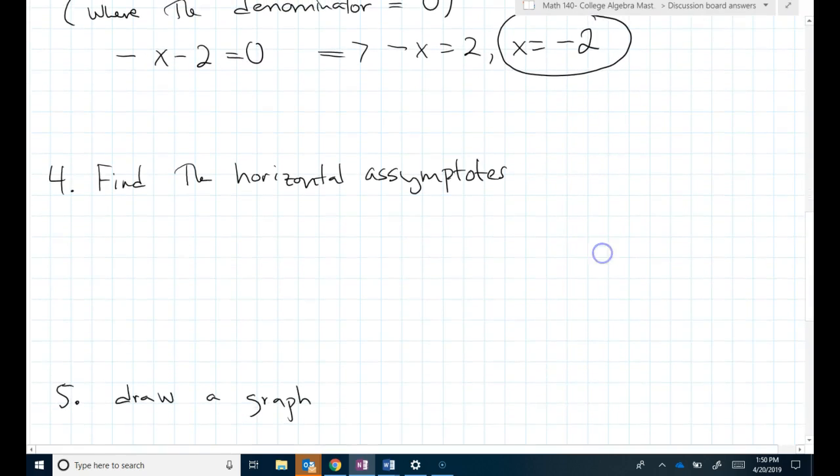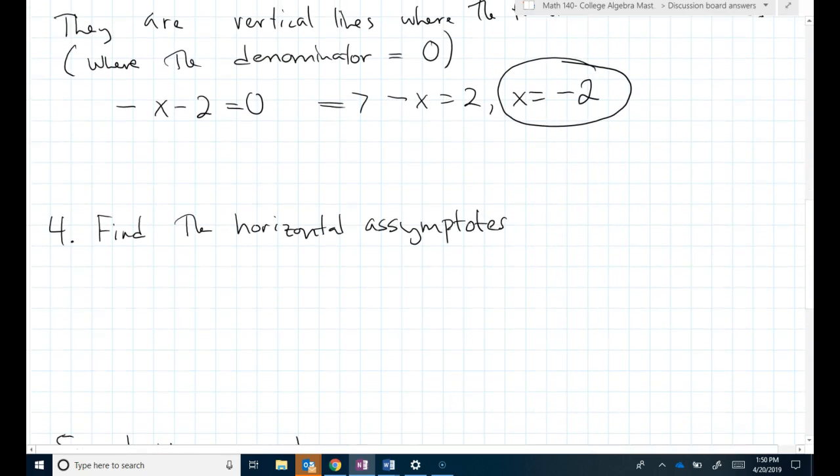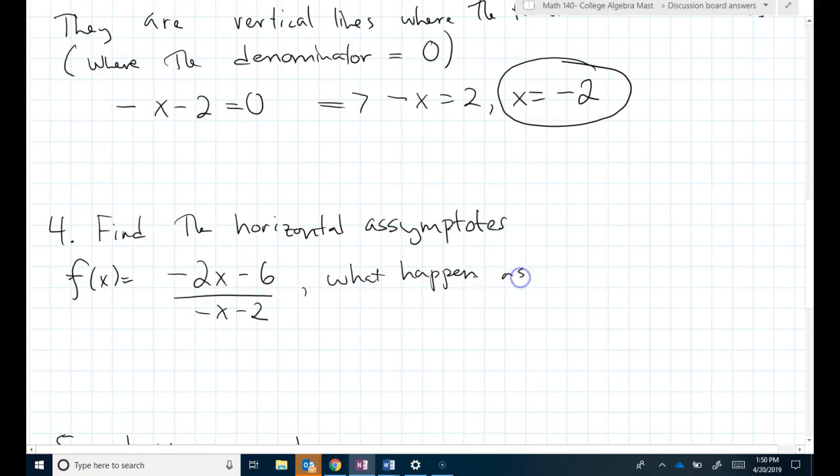Now, what about finding horizontal asymptotes? Let's analyze this function: f of x equals negative 2x minus 6 over negative x minus 2. A horizontal asymptote has to do with what happens as x goes to infinity. In calculus, we'll call that the limit as x approaches infinity. But the easy way to think about this is that you take the highest degree of the polynomial.